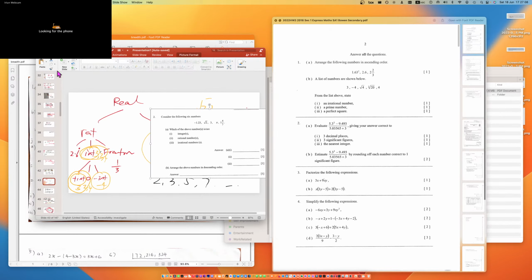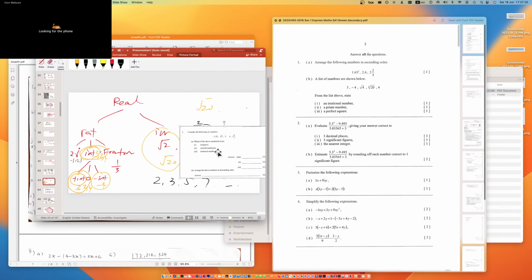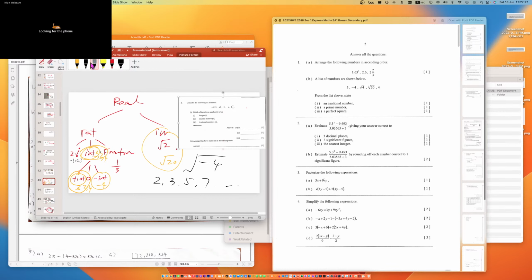Minus 1.23. Decimal number, right? So it's minus 1.23. Square root 2 is under the irrational. Three, integer, positive integer.